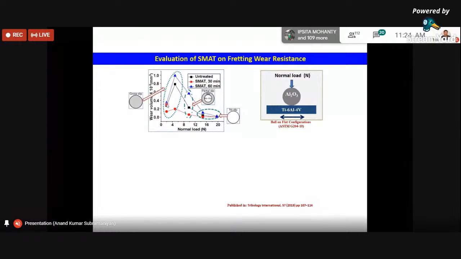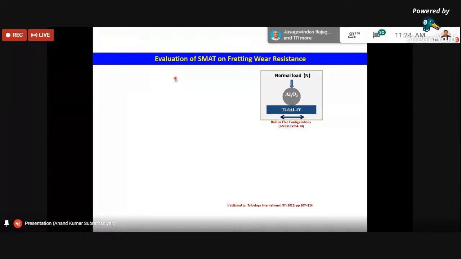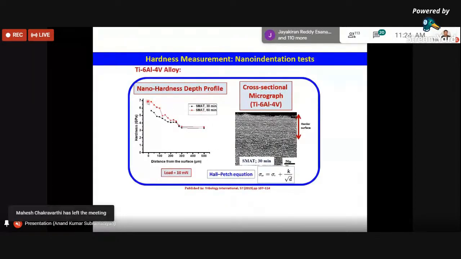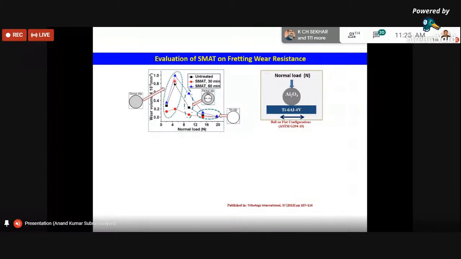But surprisingly, the 60-minute treated sample shows inferior performance, with more wear volume compared to the untreated sample. Although in the hardness measurement the 60-minute treated sample had a higher hardness compared to 30 minutes, which means it should show better fretting wear resistance, meaning less wear volume compared to 30 minutes, it is showing the opposite, a very high material loss, even compared to the untreated sample itself.